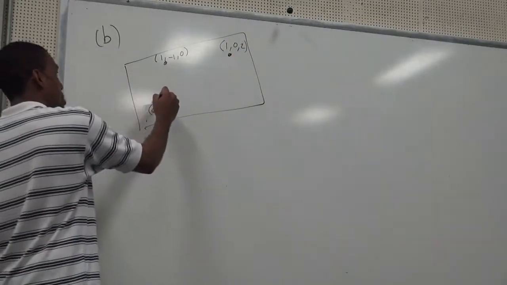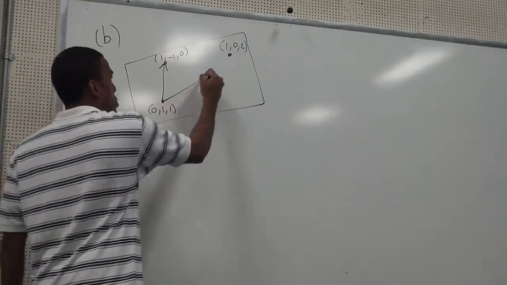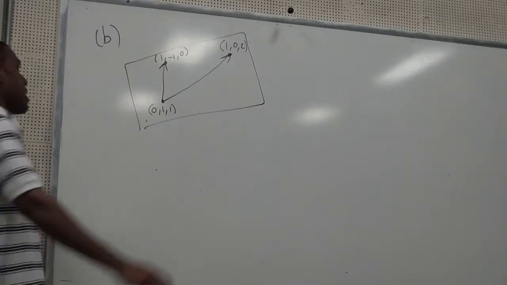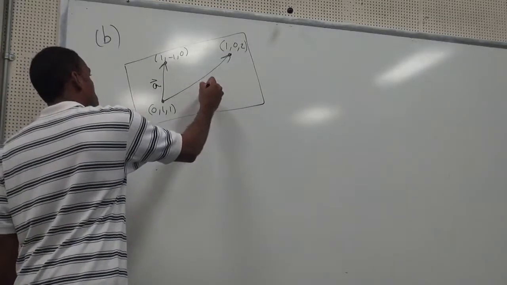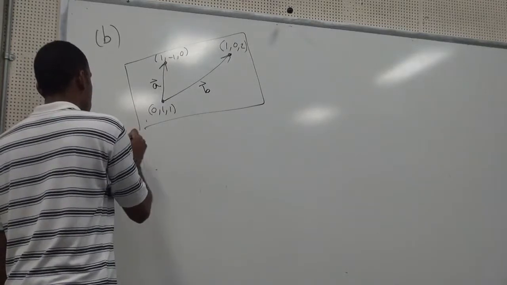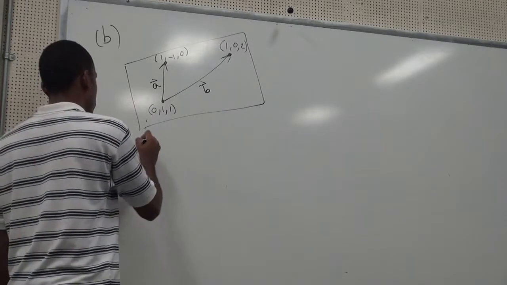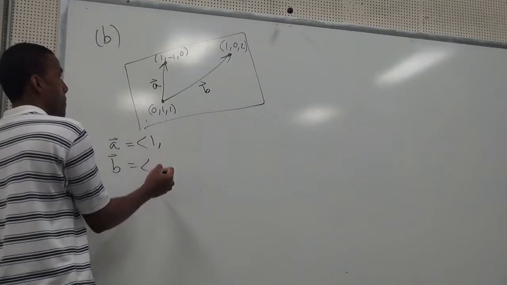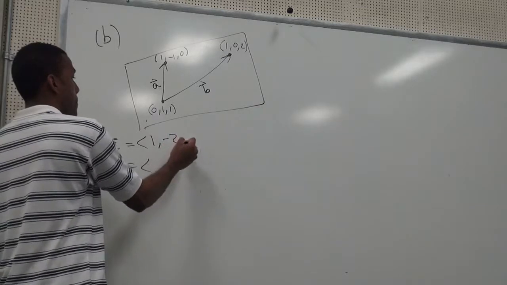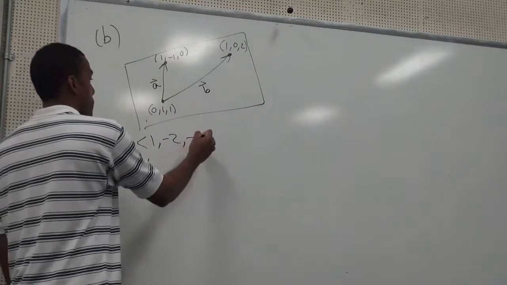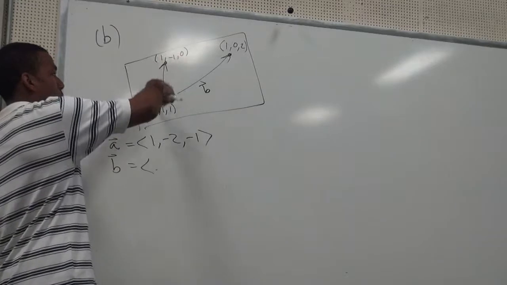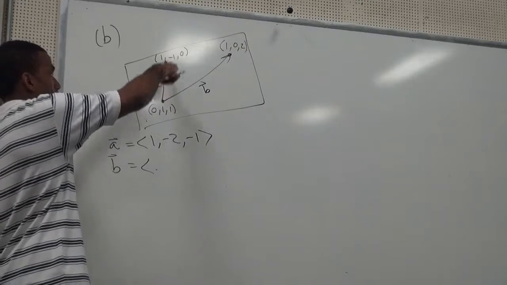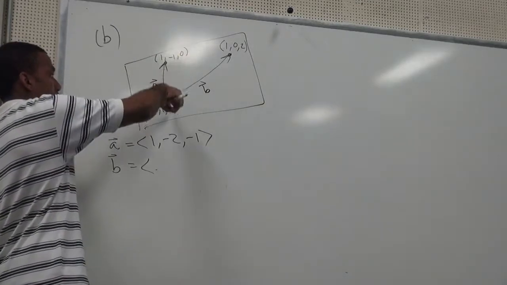Right, so we can actually determine 2 vectors. Let's say, for example, I want those 2 vectors, but really any 2 vectors will work. I can call this vector A, and this vector B. A would be 1 minus 0, minus 1 minus 1, 0 minus 1.